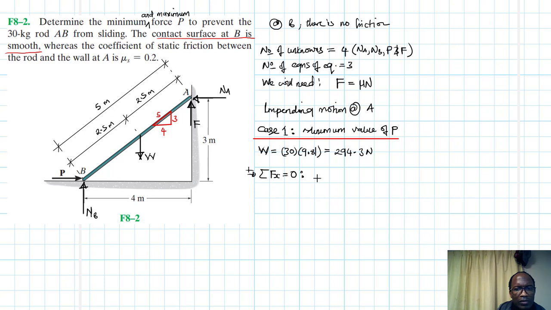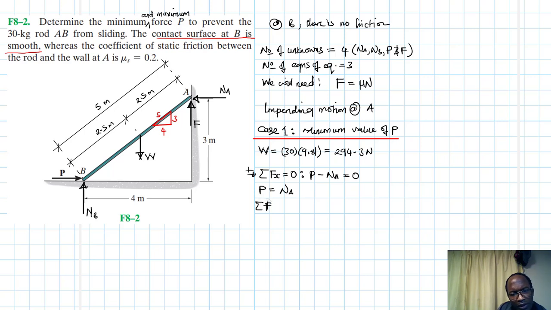What do we have? We have P minus NA equal to 0. And therefore, our P is just going to be equal to NA, right?